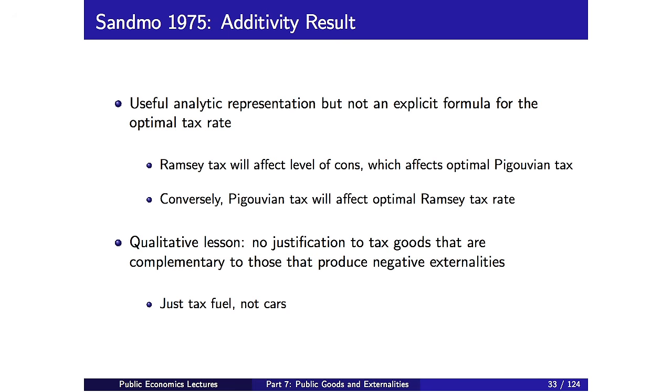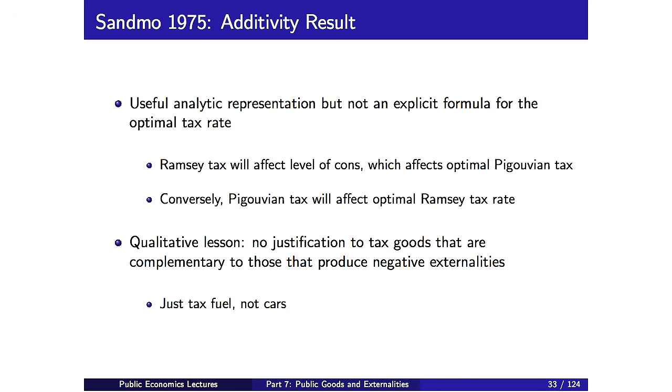So what do I mean? When I raise the Ramsey tax, I'm going to obviously affect the equilibrium amount of consumption. And if I'm in this d prime of d of xn situation where every extra car we consume has an increasing marginal damage, then when I impose a higher Ramsey tax, people are going to consume fewer cars, and that's going to lower the optimal Pigouvian tax.